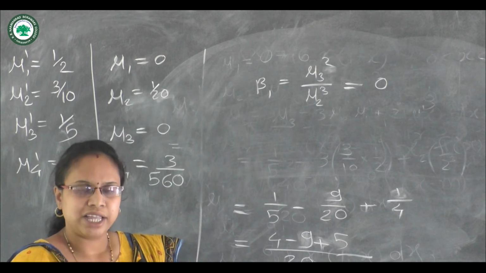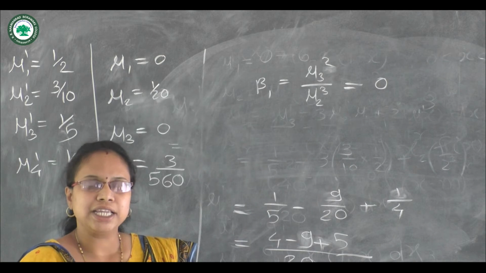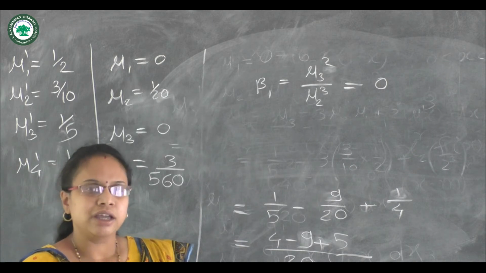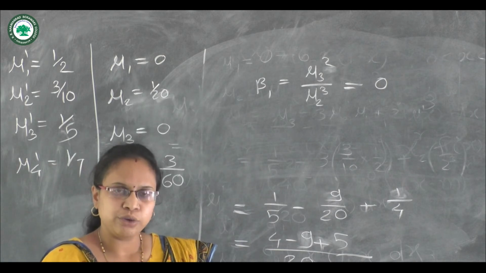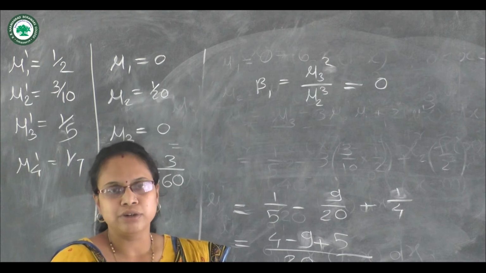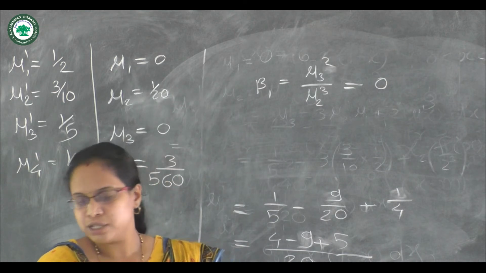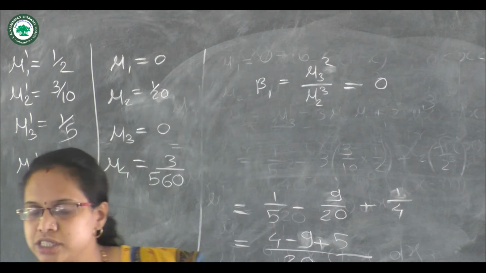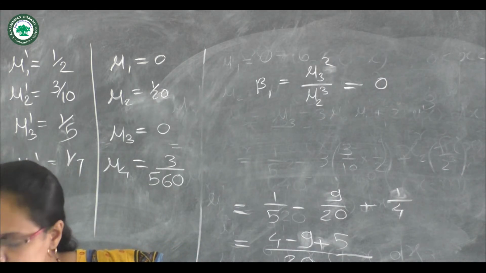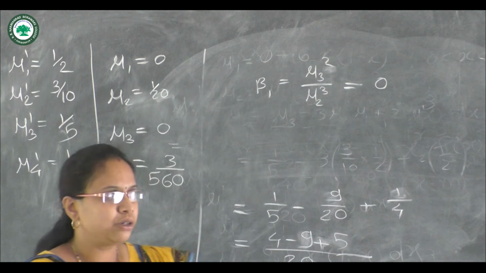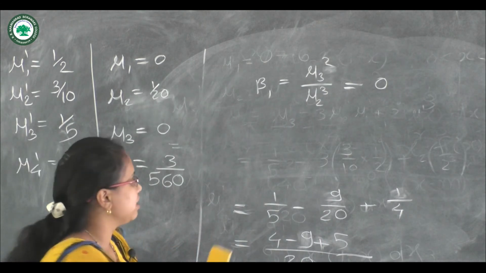So we can say that the distribution is symmetric. If beta 1 is greater than 0, we say that it is positively skewed. And if beta 1 is less than 0, we say that it is negatively skewed. If it is 0, we say that it is symmetric. So this distribution is symmetric.